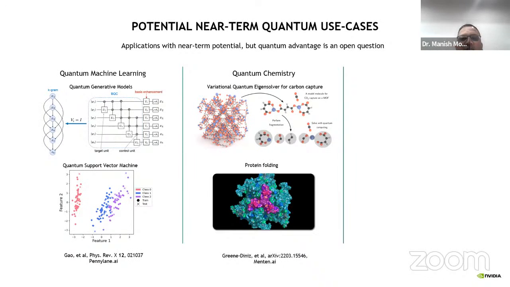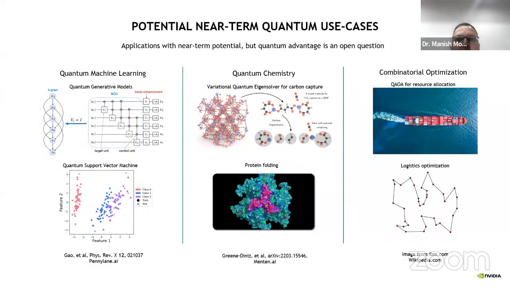There are various things being explored, and you will find relevant research papers on that. Similarly, for quantum chemistry, there is the variational quantum eigensolver. This is being used for protein folding and other things. So this is also one of the near-term domains where you will see more application of quantum.